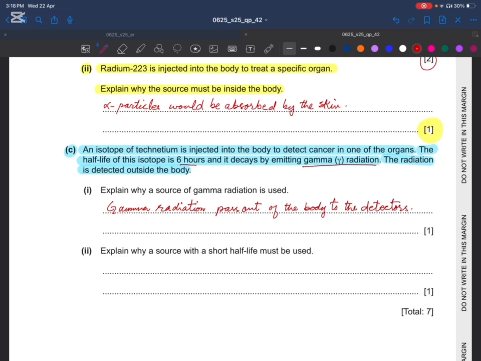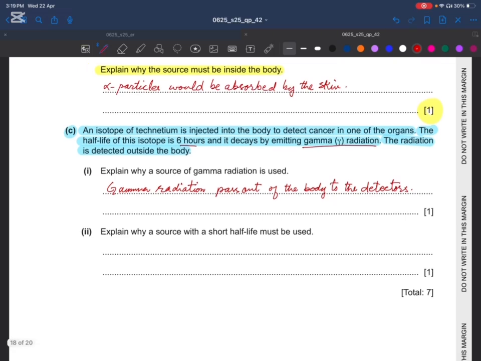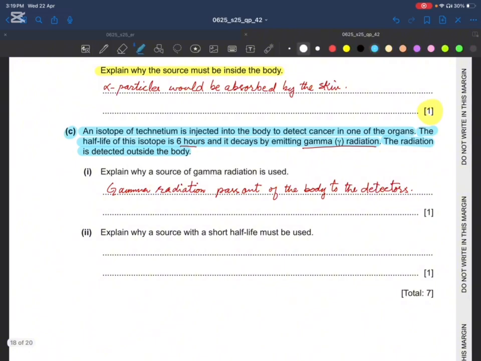And then they are saying explain why a source with a short half-life must be used. You know that if you have a long half-life, it means that for a long period of time you will expose the patient to the radiation. So why are we using the short half-life material over here?